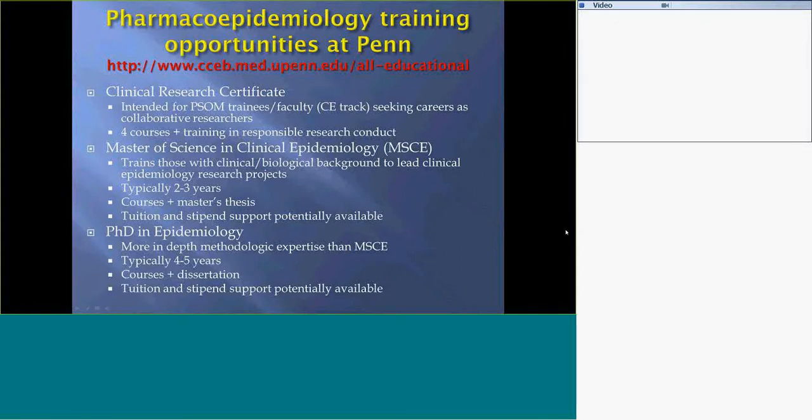You utilize approaches such as propensity score adjustment or stratification, or an approach developed by Harvard, such as high-dimensional propensity score approaches. In most of our studies, in order to get as complete control of measured confounders as possible and to capture some proxies of unmeasured confounders, we tend to utilize empiric approaches such as the high-dimensional propensity score approach to identify covariates to include in the propensity score and adjust for in models. Instrumental variables are a little bit more challenging because it's often difficult to find an instrument.